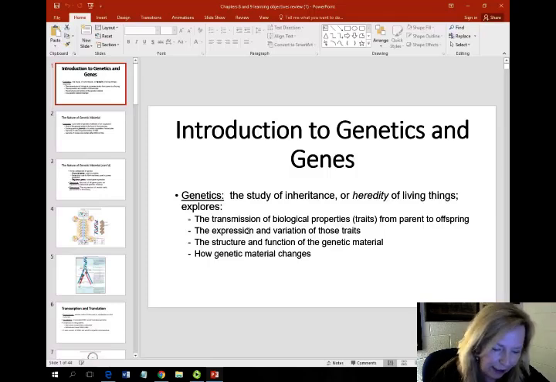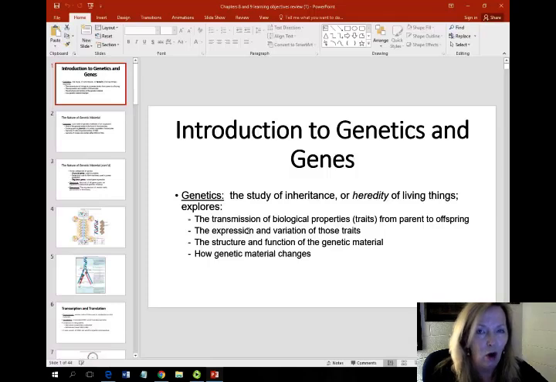In defining genome versus genes, a genome is all of the traits or characteristics that an organism possesses. So the entire recipe book that they have that would dictate when the cells are going to divide, what products they're going to produce, what they're going to differentiate into, everything that's held within the DNA package is considered the genome, so all of the traits.